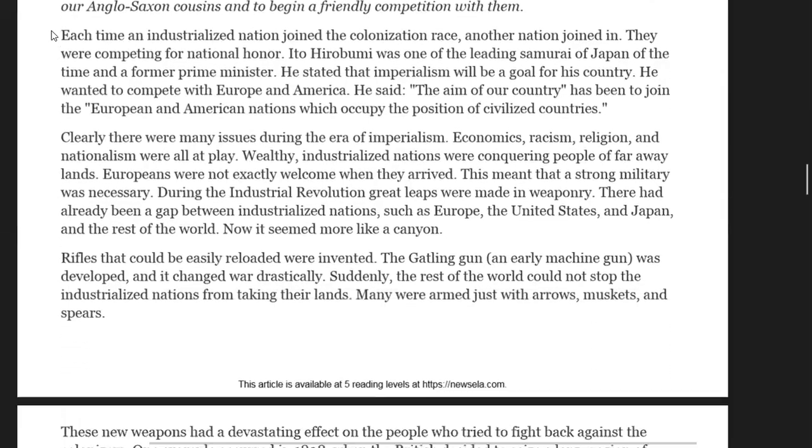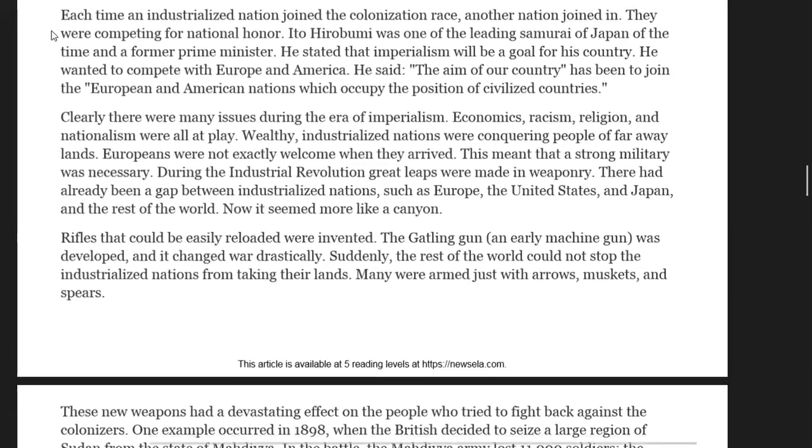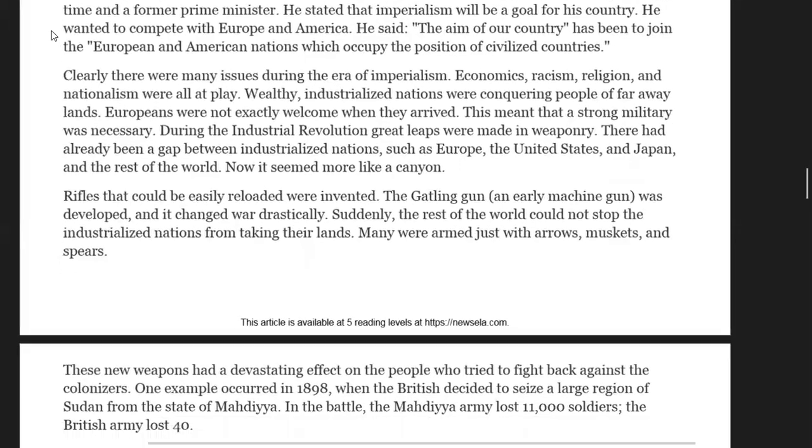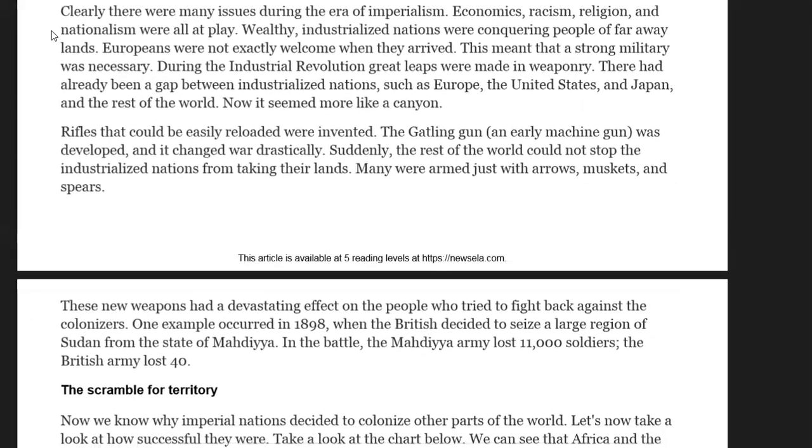And the last thing they mentioned before we go to the next section, which we're not going to cover tonight, is they had all these ambitions, the Europeans, the Americans, and the Japanese. But how could they actually do this? Well, one of the reasons is they had better weapons. They had better technology.